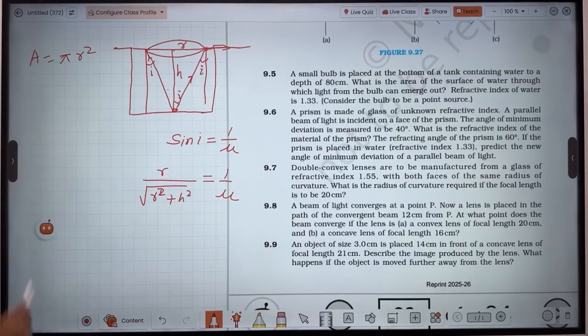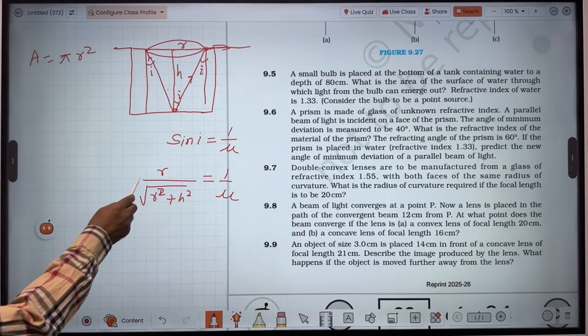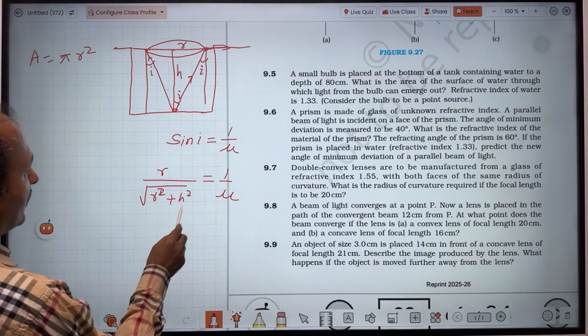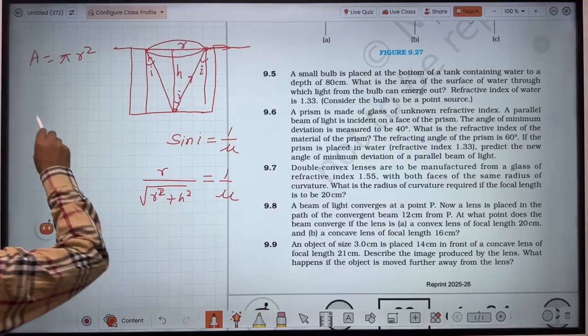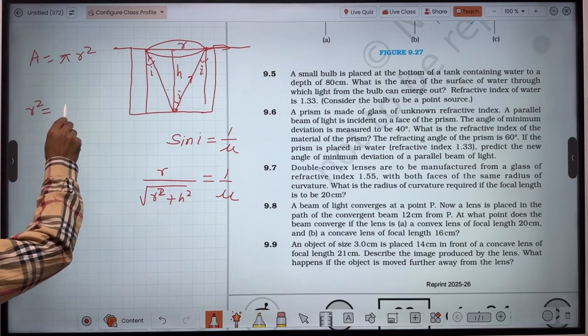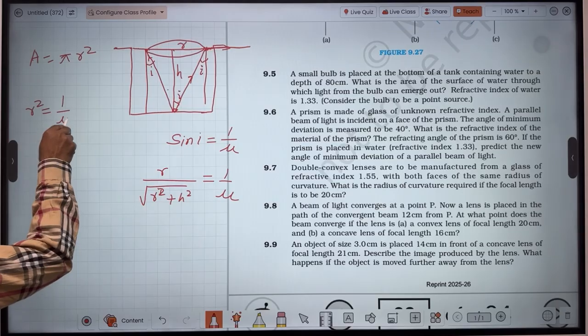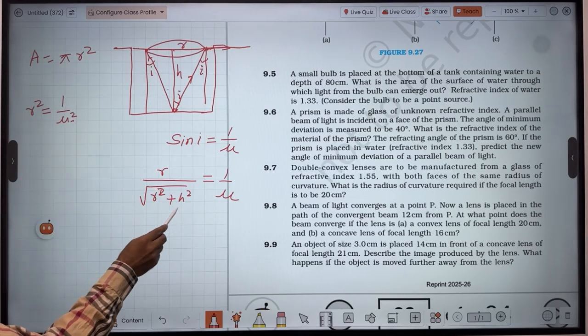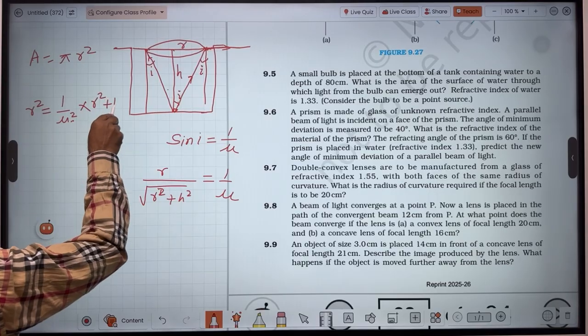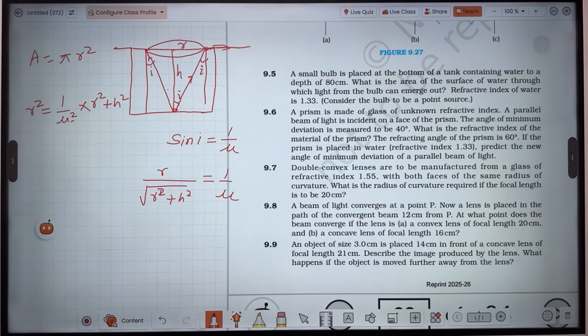Here our concern is to find pi r square. So if we get r from here, we can easily calculate. If we square it, what do we get? R square equals 1 upon mu square times r square plus h square. Now we can take this term to the LHS.